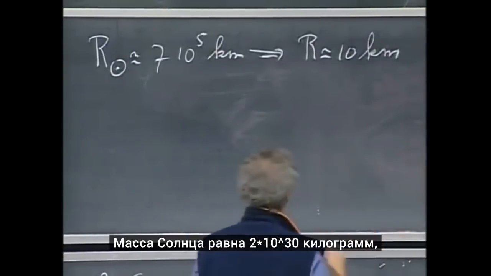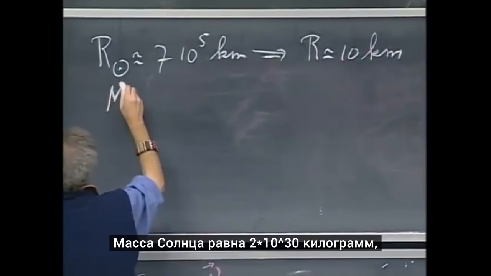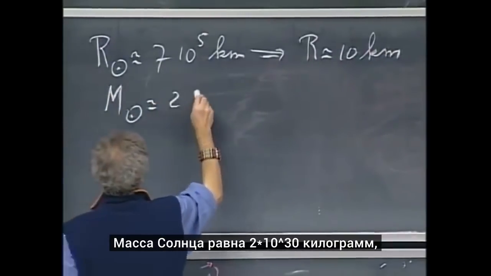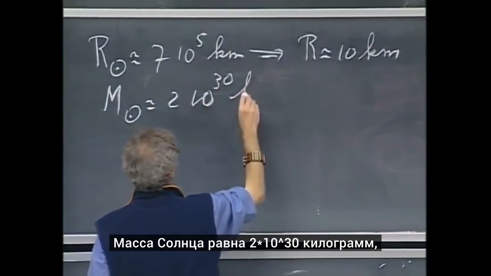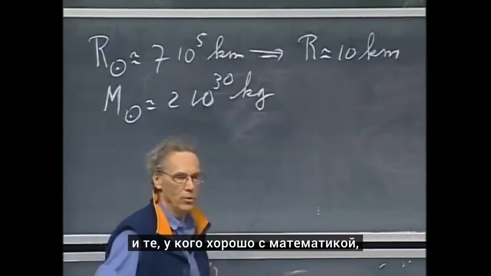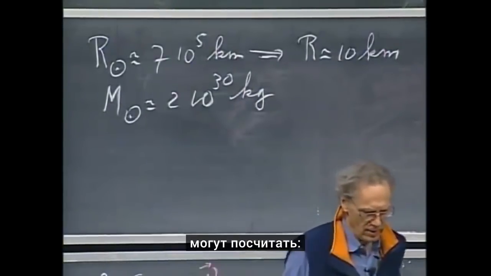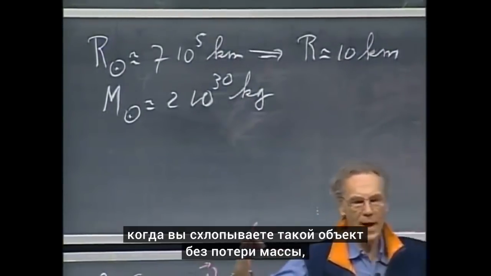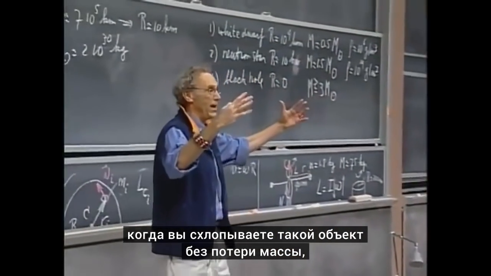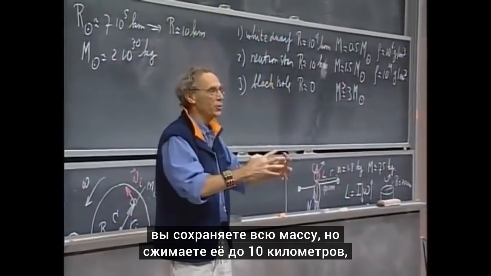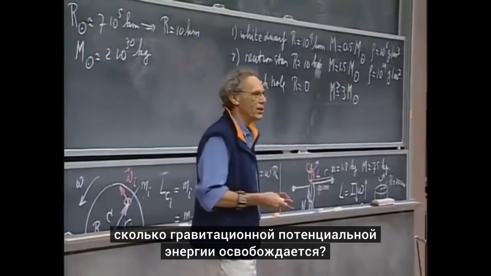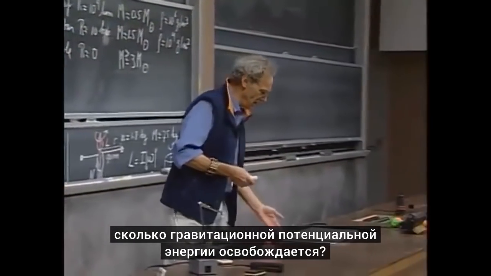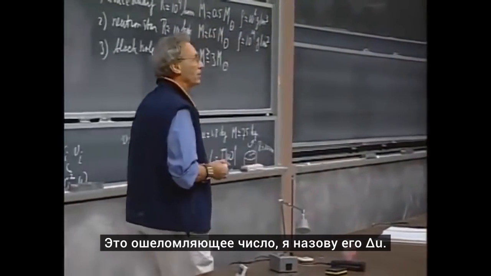The mass of the sun is 2 times 10 to the 30 kilograms. And for those of you who are good at math, they can calculate when you collapse this object without losing any mass, you keep all the mass, but you shrink it to 10 kilometers, how much gravitational potential energy is released. And that is a staggering number.